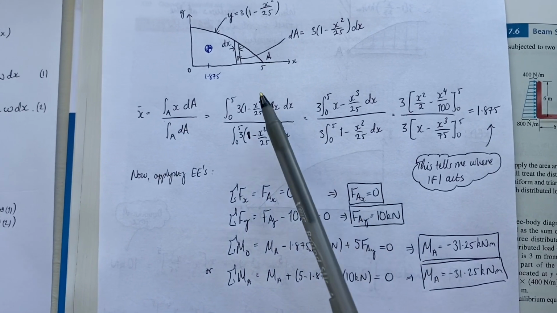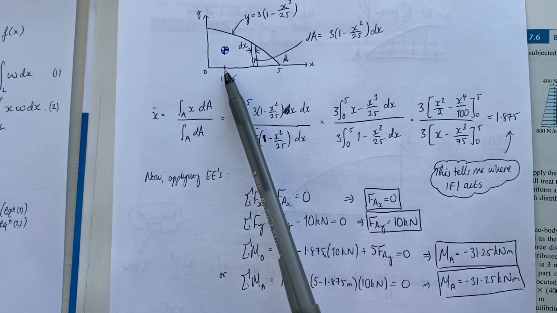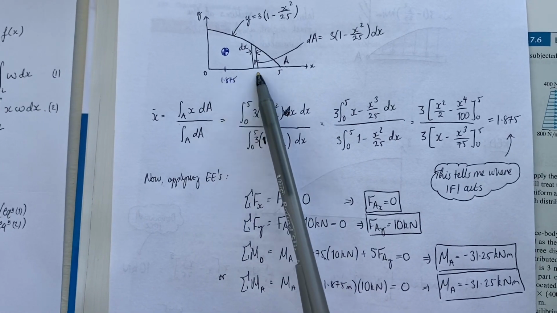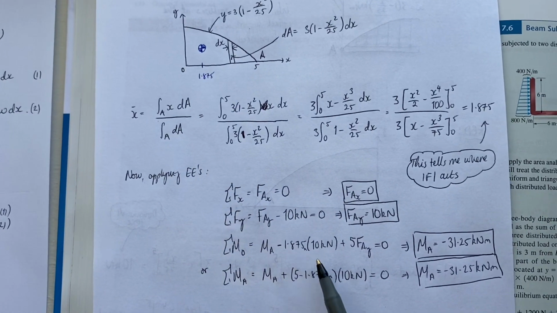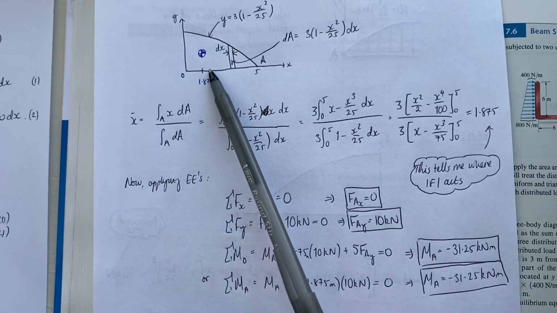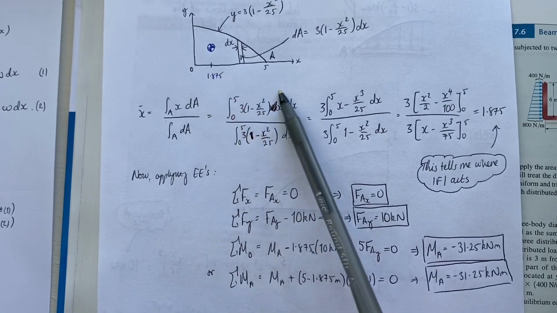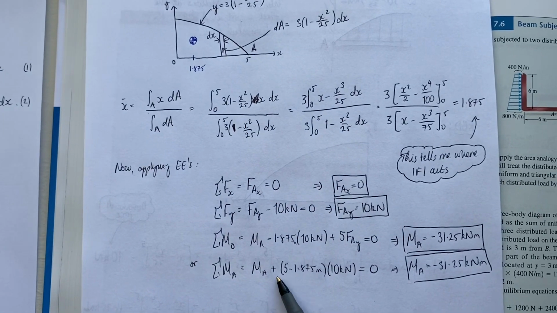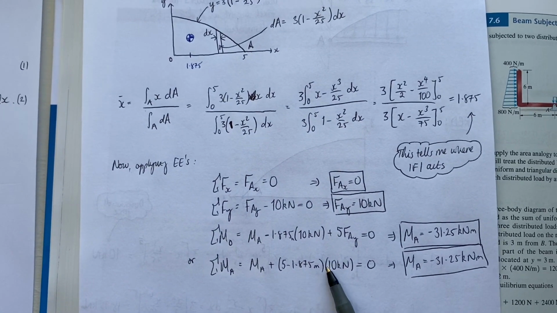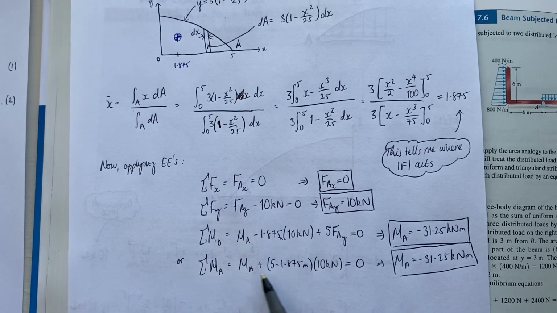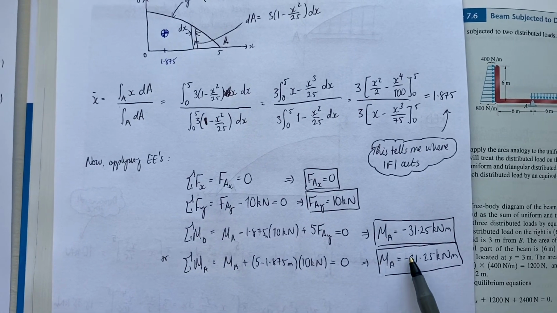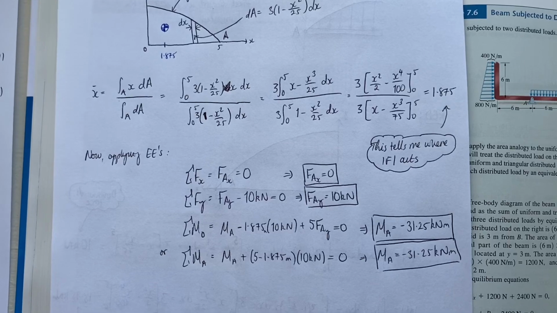Then I have this length, 5 minus 1.875, and the force is now giving me this counterclockwise moment about A, which is why this is positive. And if I calculate this, I get exactly the same answer as I did before.